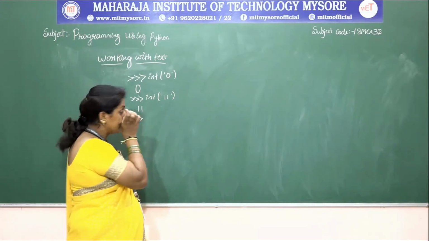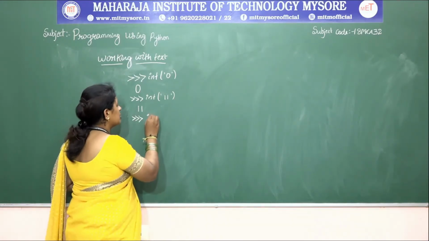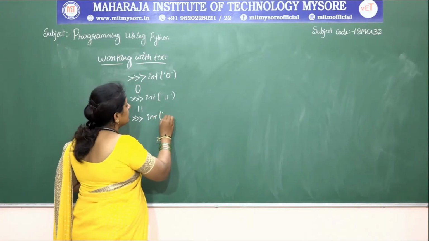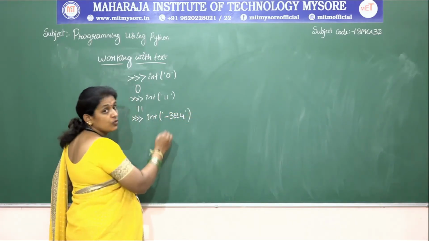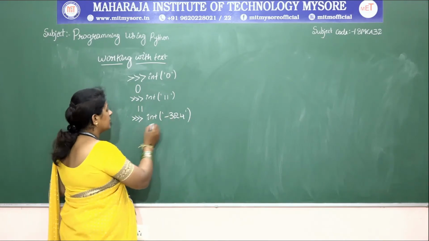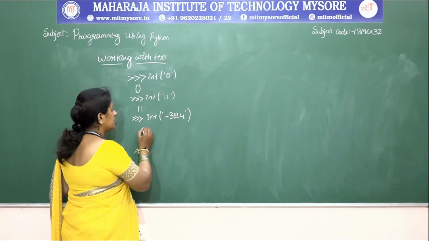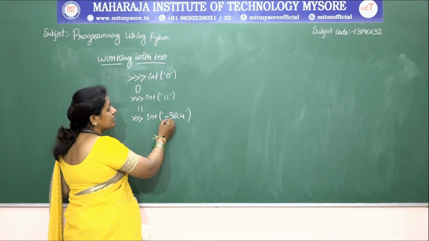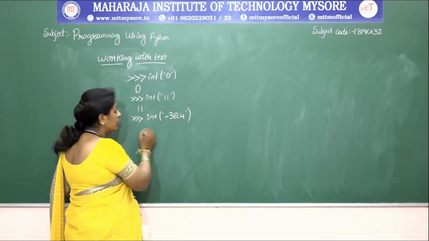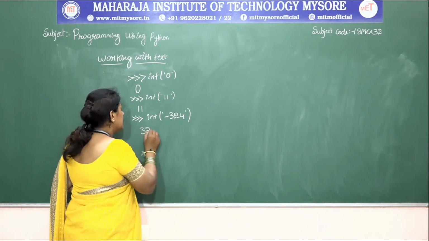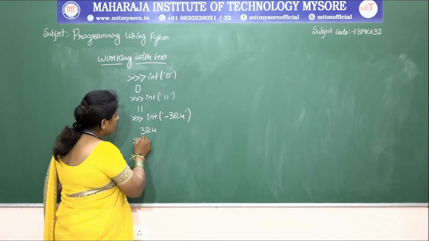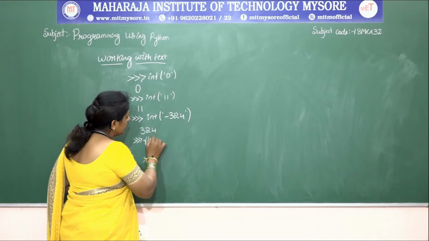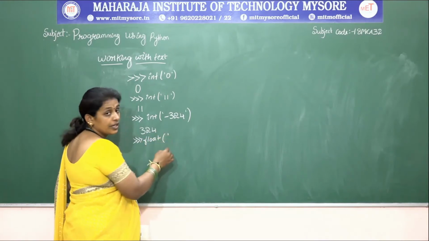Let us take an example with respect to negative values also. So int of "-324". When this gets executed, I will get the value as -324. So let's take the examples on float type.